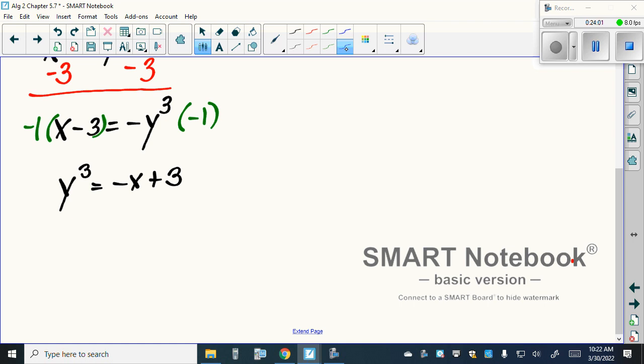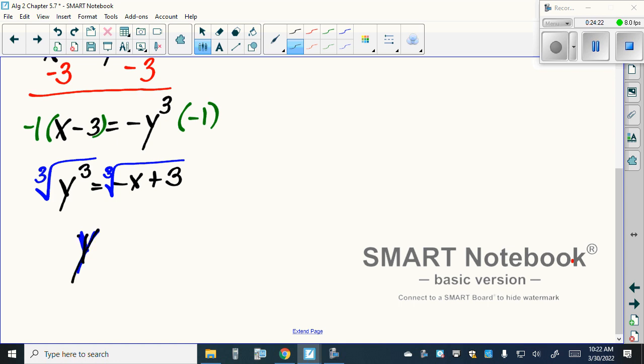Exactly, we would cube root both sides. Since we have y to the third, we'll need the cube root to simplify out that third power. The cube root of y cubed is y.